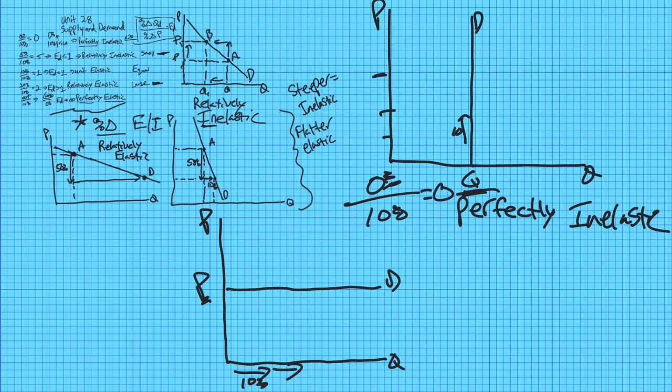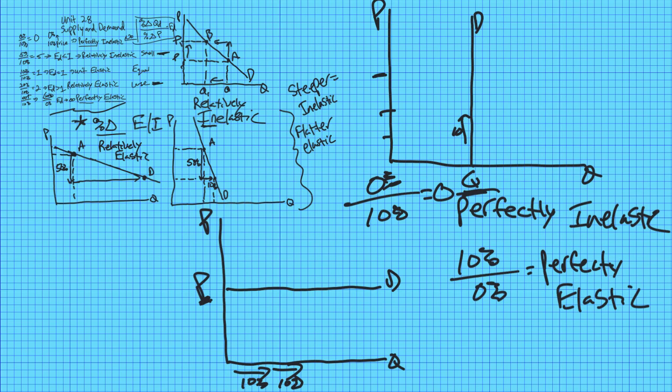So I have a 10% change in the quantity, but the price isn't changing at all, right? This would be undefined, but it would technically be approaching infinity. So this would be perfectly elastic. Okay? So these are some of our ways to visualize elasticity when it comes to demand curves.